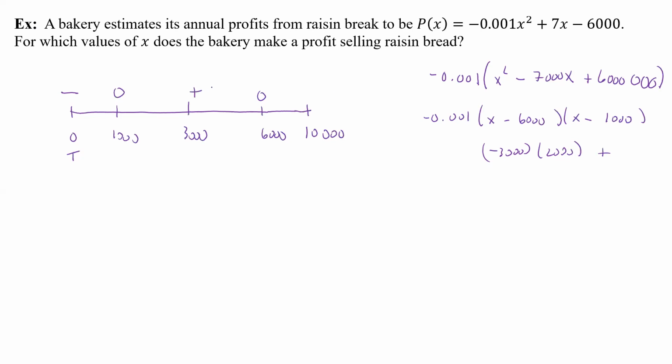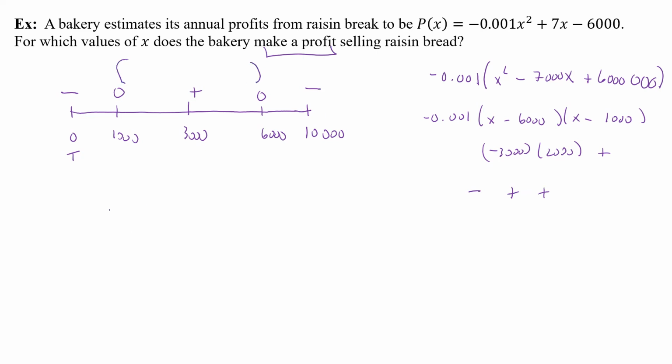If we do 10,000, both factors are positive, and then we have the negative out front, so that's going to be a negative. So it looks like to make a profit, it has to be in this region here.